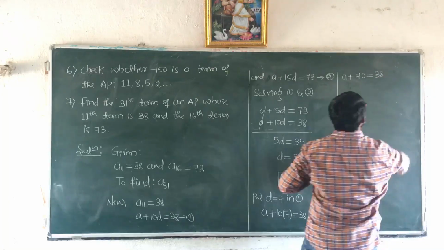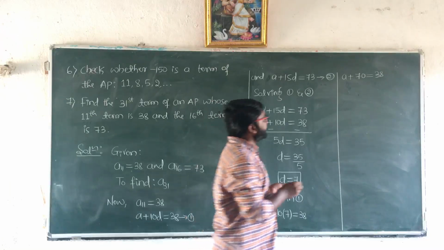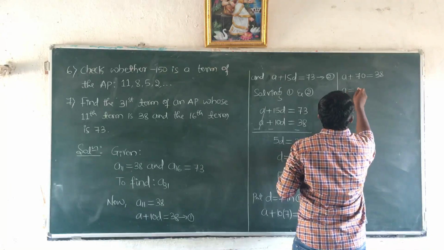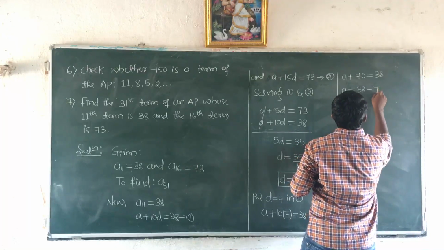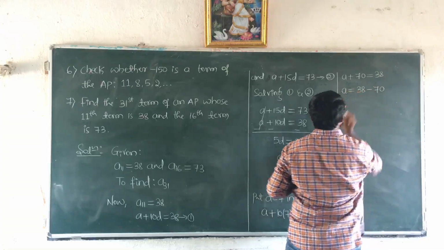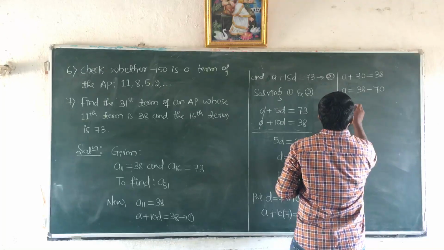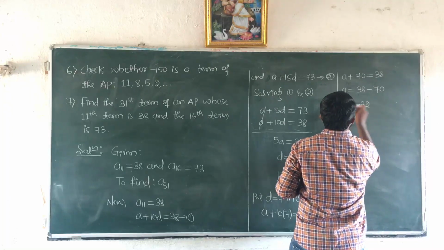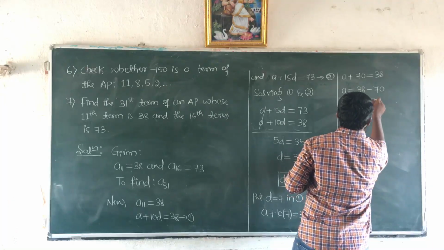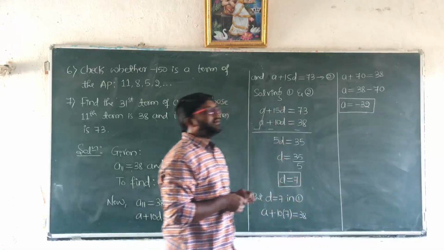A plus 70 is equal to 38. Then A is equal to 38 minus 70. So how much do you get now? A is equal to minus 32.